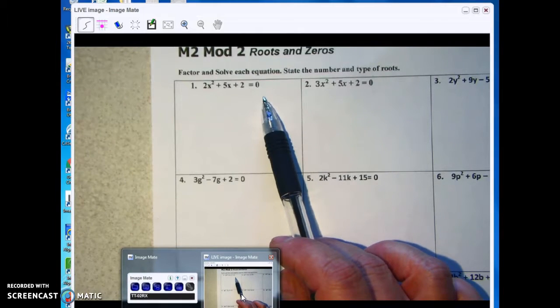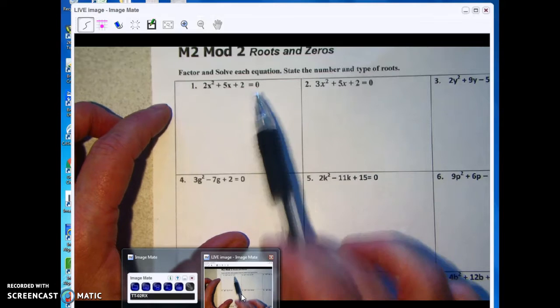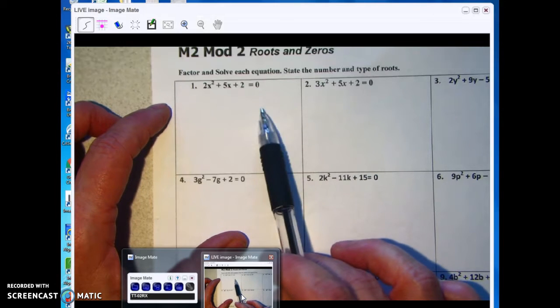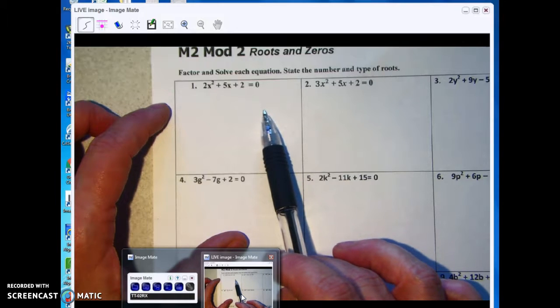These are. So when they're set equal to 0, that means we're going to find where the zeros are, and that's where this parabola crosses the x-axis.